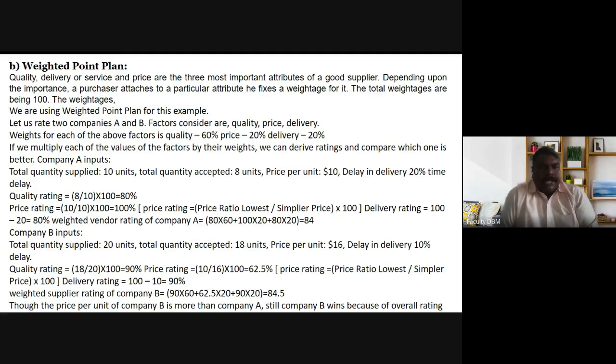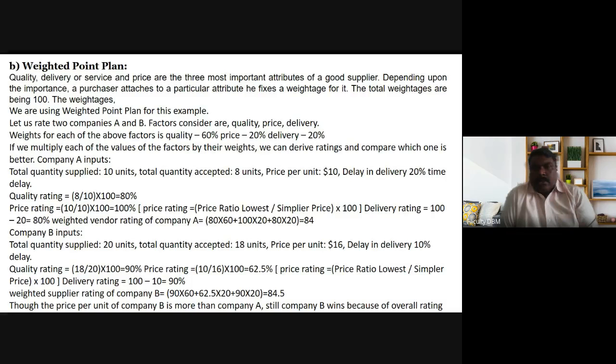So quality rating, how they are going to see: 8 by 10, that is total quantity accepted by total quantity supplied, 8 by 10 into 100, that is 80% quality rating. Price rating is 10 by 10 into 100, that is 100%.